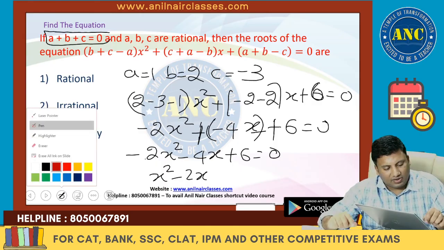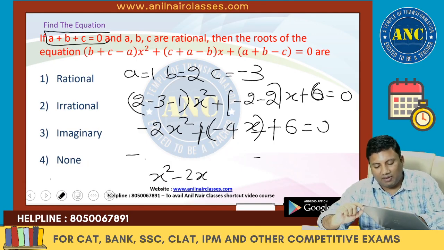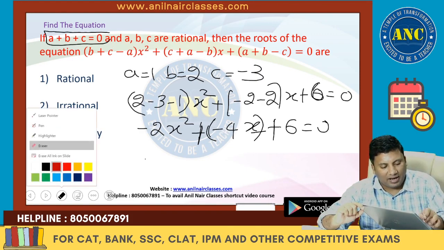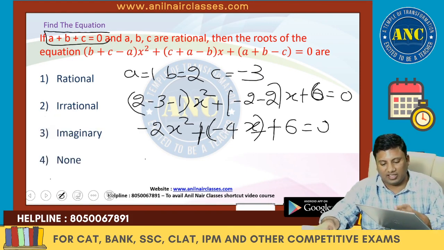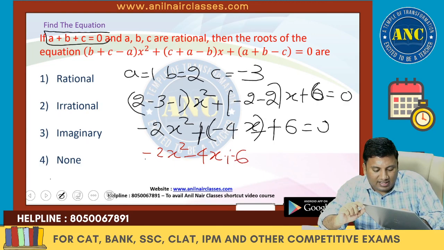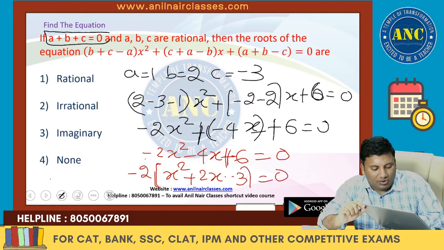Minus 2x square. Now see here, sir. Let me erase this one. Actually, sum of the roots is only 1, sir. Directly you got the answer. Because I started, I am doing this process. You don't need to do it. Minus 2x square minus 4x plus 6 equivalent to 0. Minus 2 into x square plus 2x minus 3 equivalent to 0.